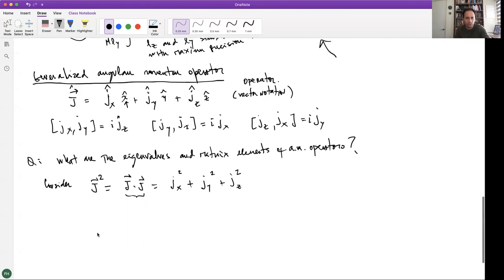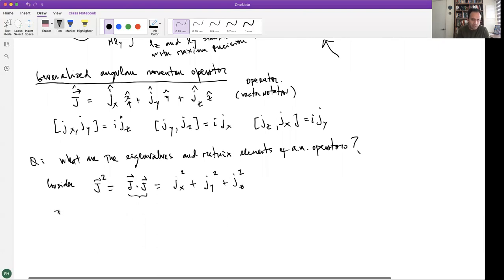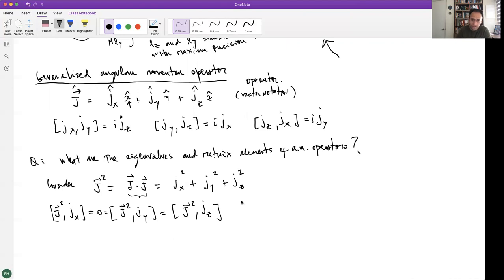Now it is not difficult to show that J square commutes with all components. And what's the physics of this? We will see next class something called the vector model of angular momentum.